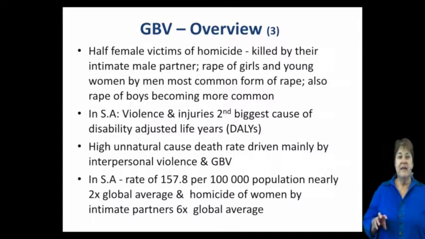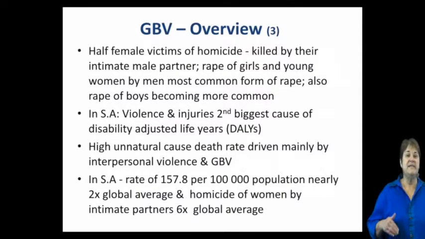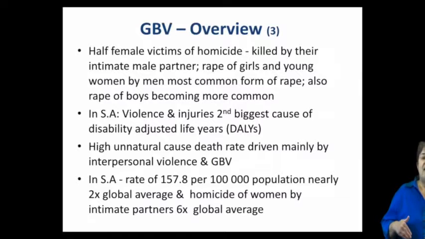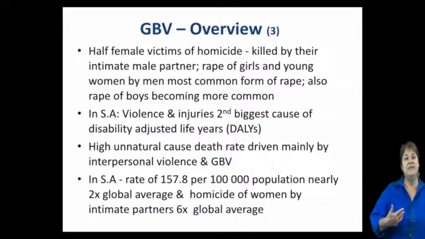If we look at South Africa, and I know you've got experience from different countries and we'd like to bring that in, violence and injuries is the second largest cause of disability-adjusted life years. Disability-adjusted life years shows a decrease in life years due to being sick or disabled or due to death.